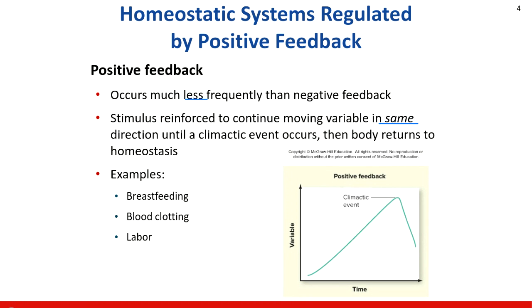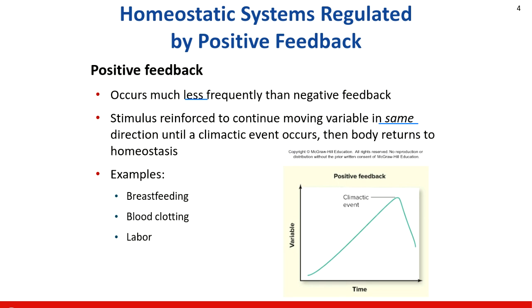I'll talk about breastfeeding. Okay, so for those of you that have ever nursed or know anybody that has breastfed, you know what happens is when the baby suckles and attaches onto the nipple, there are receptors around that nipple that are going to send stimulation to the nervous tissue there, the neurons, to send information to the hypothalamus, which is part of the central nervous system.